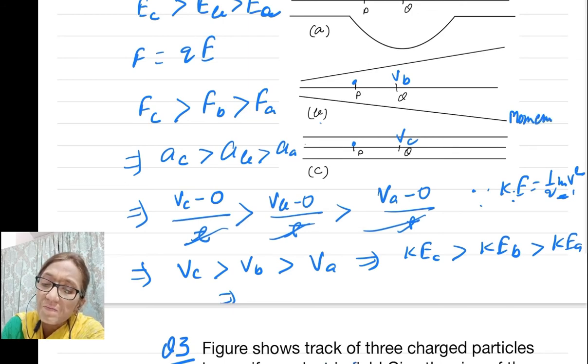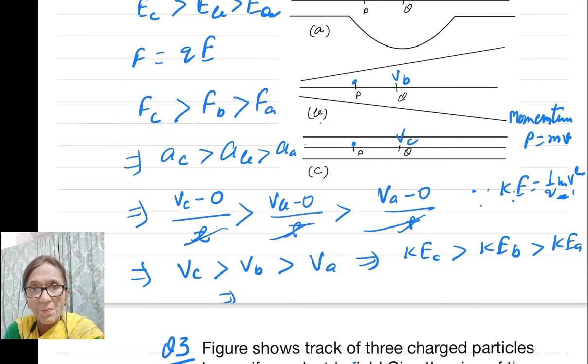Momentum P is equal to mv. Momentum also depends on velocity.